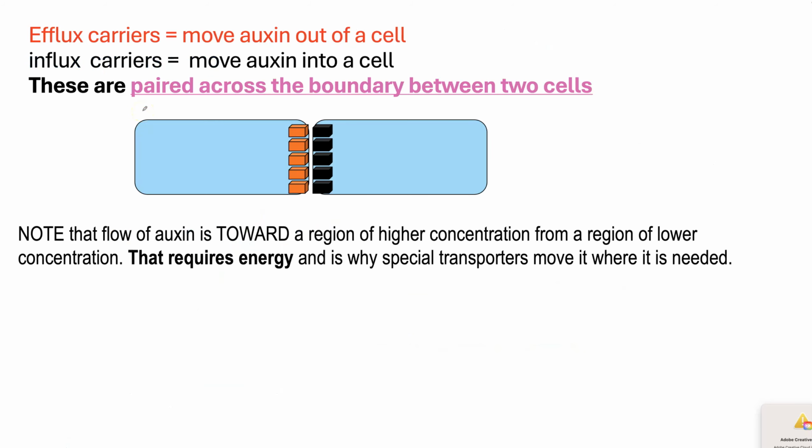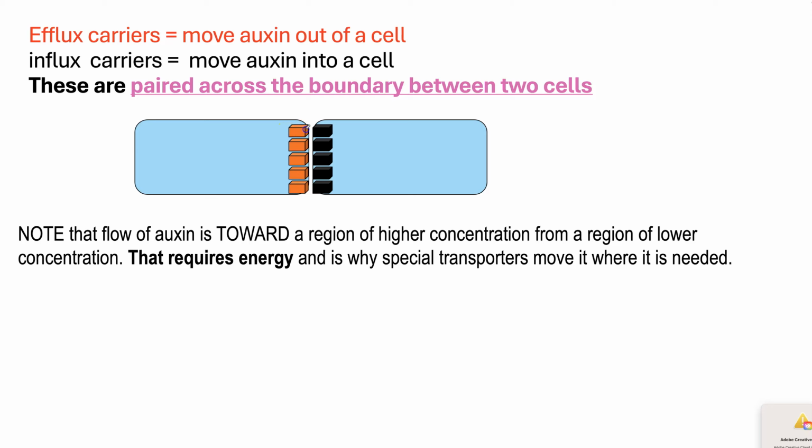Okay, so I've been talking about efflux and influx carriers, and I just want to point out that if you're going to move auxin from one region to another, especially because you wind up with these local concentrations, what you're doing is moving the auxin towards the higher concentration, and that means it can't happen passively. It requires energy.